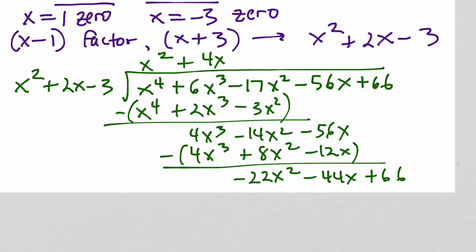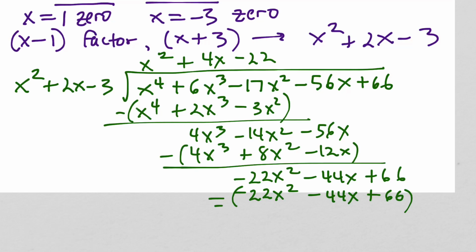All right, and then we divide again. So I ask myself, what times x squared would give me negative 22x squared? So that would be negative 22. Negative 22 times x squared is negative 22x squared. Negative 22 times 2 is negative 44x. And negative 22 times negative 3 is a positive 66.